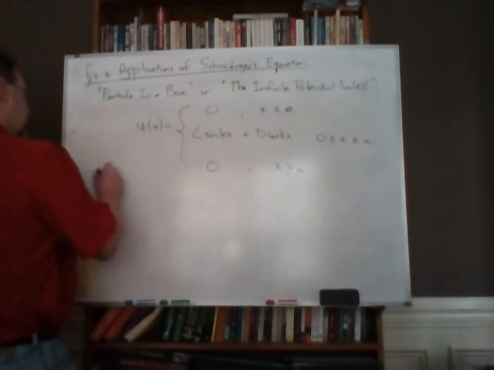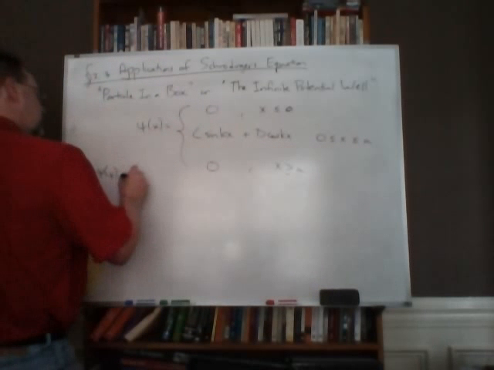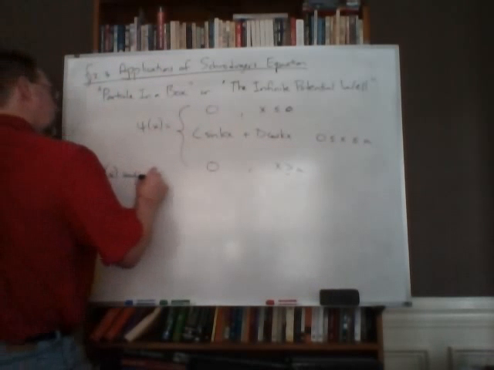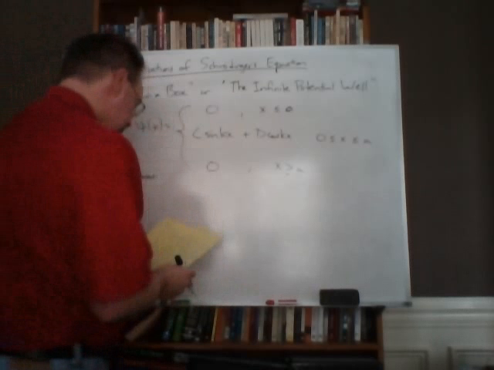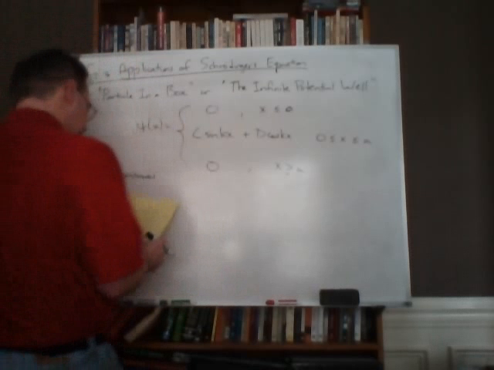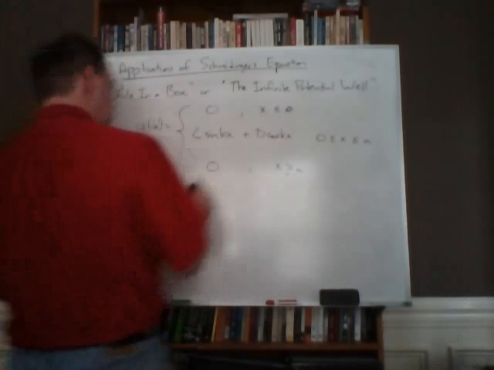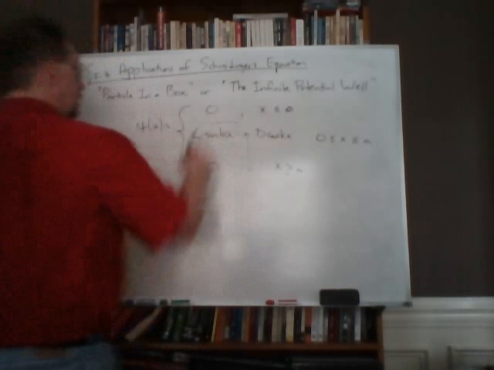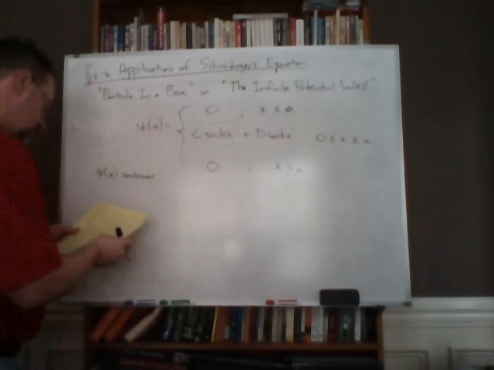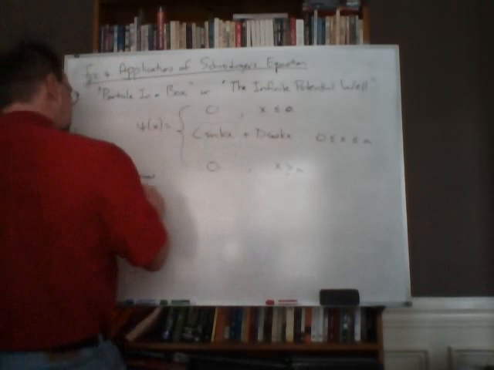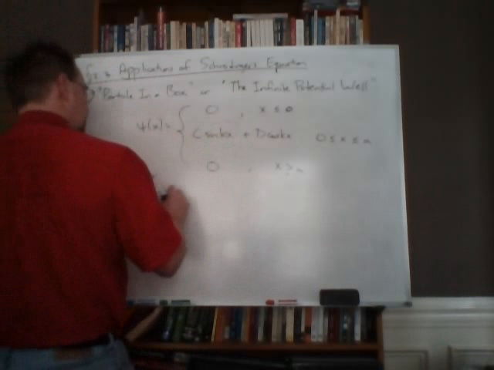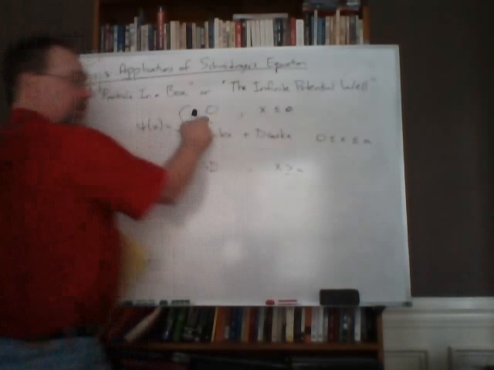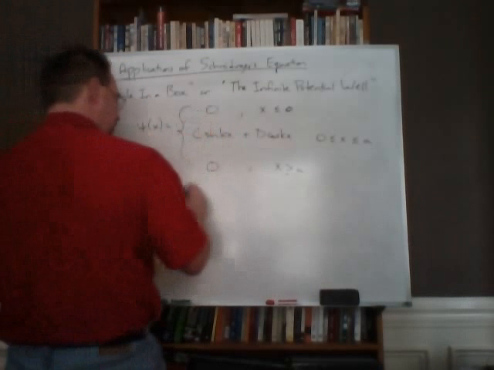So psi of x continuous, one of our boundary conditions, then if we look at x equals 0, that would mean that psi of 0 is equal to 0 from considering region 1.